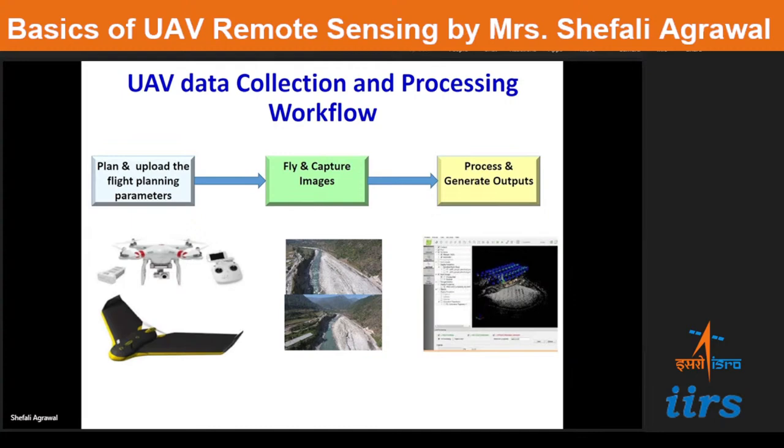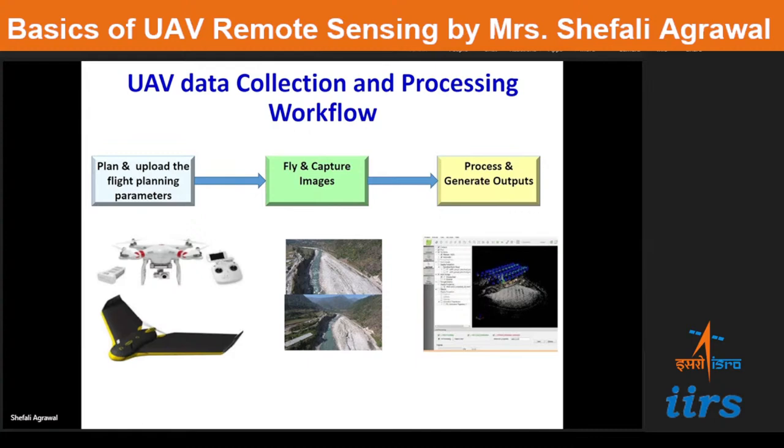So flying height, you need to determine how high you would fly the UAVs or the drones. Now, this depends on the spatial resolution of your requirement, what kind of resolution you are going to collect, and the focal length of the camera which you have installed on the drone itself. You must know from remote sensing also that there is an inverse relationship between spatial resolution and the flying height. The higher the flying height, there will be a slightly lower spatial resolution.